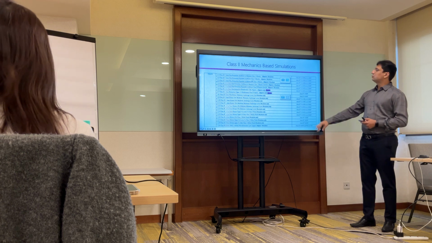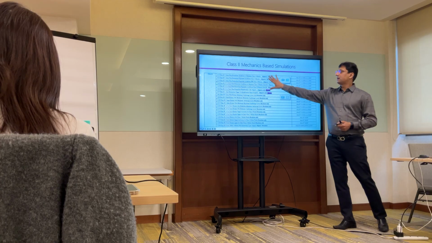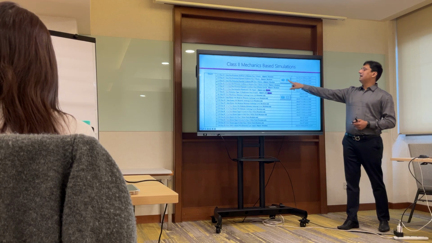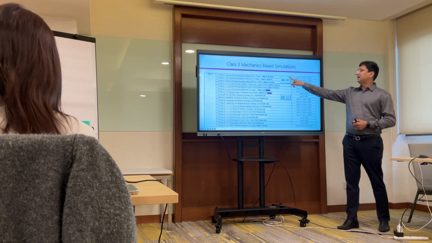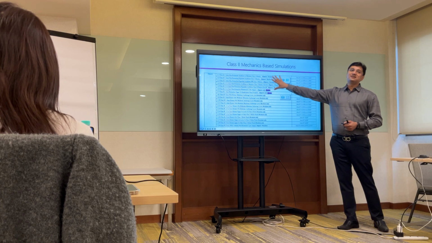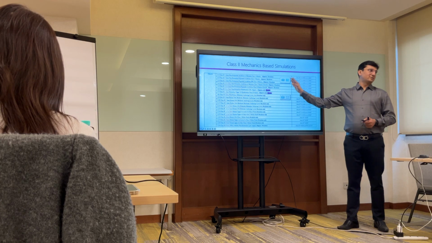If I have class 2 from 1 to 3 millimeters, the first 5 options are suitable for me. Okay? And you see the braces and aligners both get highlighted. That means these simulations can successfully be achieved with braces or aligners. Okay?